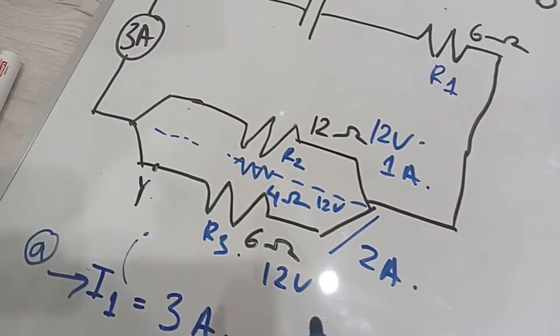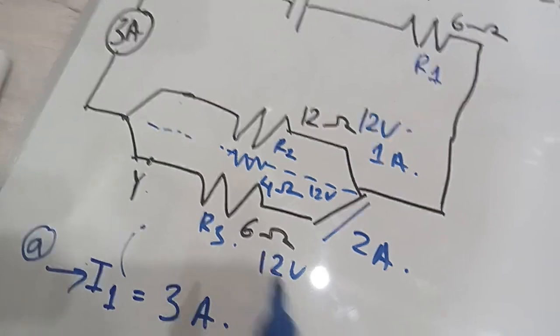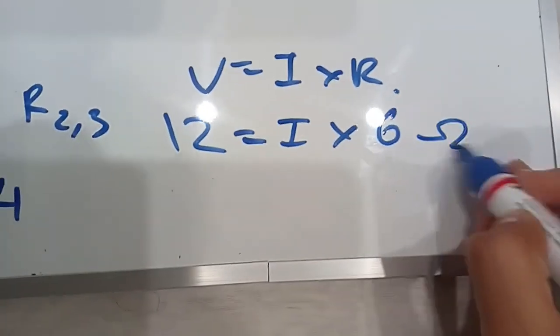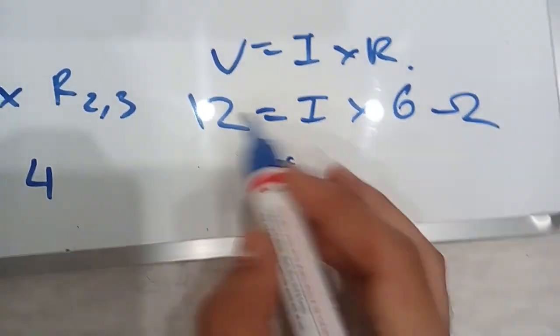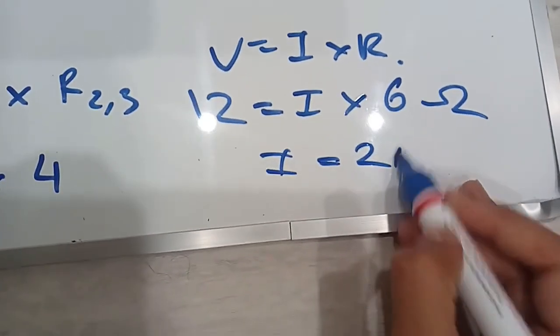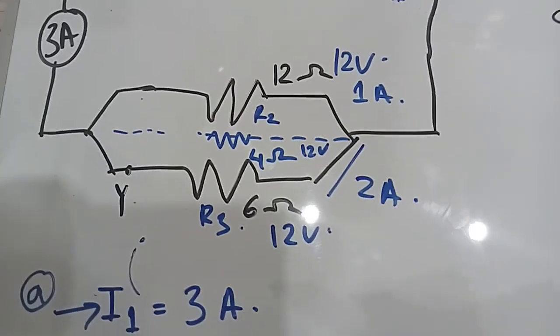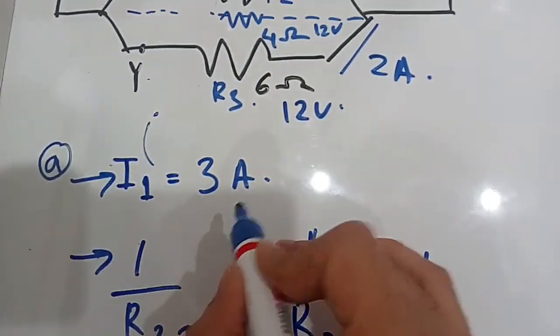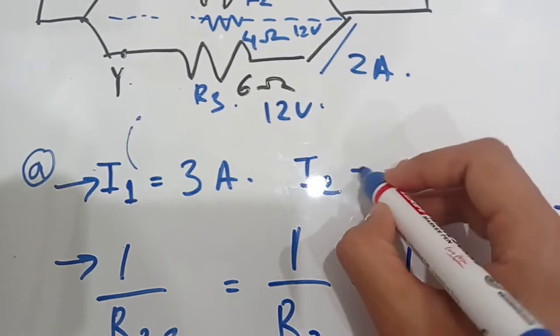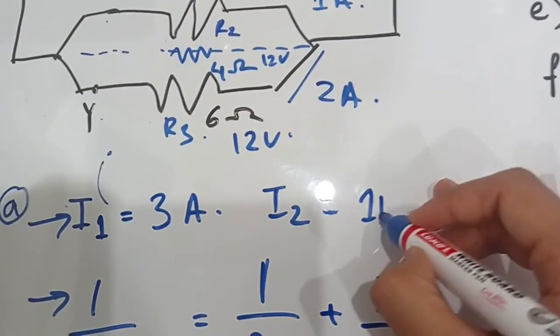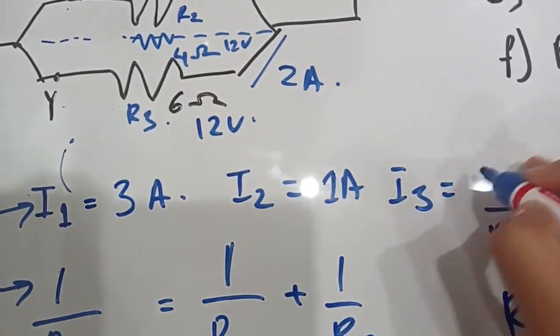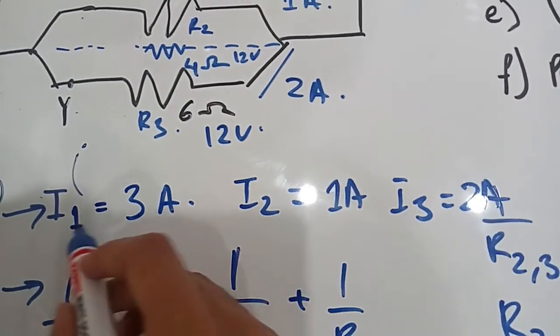And what's our resistance? 6 ohms. Divide both sides by 6, and we get 2 amps. And so now we know that the current flowing through each resistor is, for the first one, 3 amps, for the second one, 1 amp, and for the third one, 2 amps.